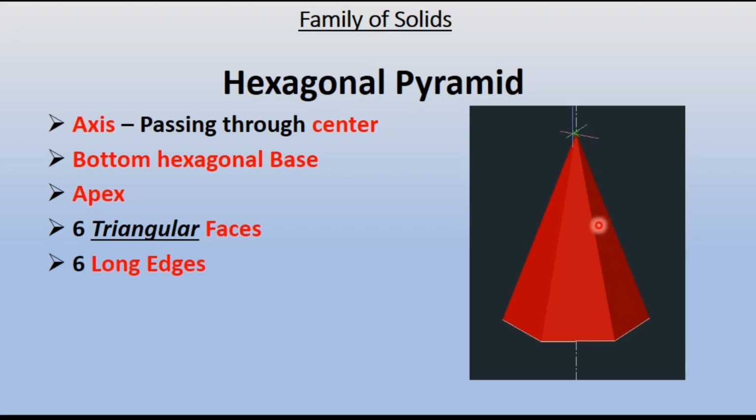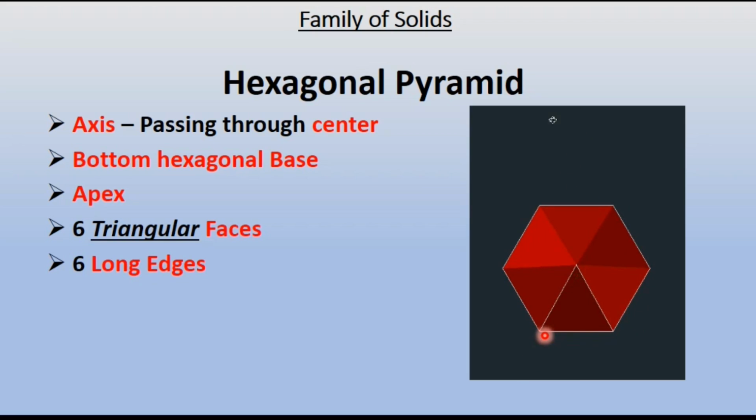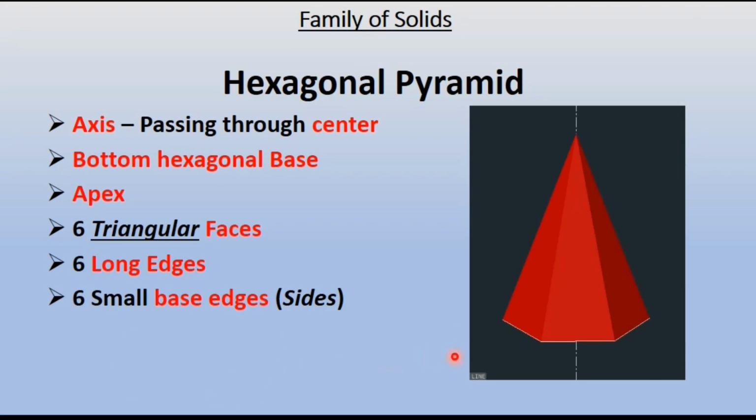It will have 6 longer edges. You see that I am drawing one here. So this is one of the longer edges, and this is going to be the second longer edge. Oh no, it's not straight, it is in slant. So there will be 6 such long edges in a hexagonal pyramid, which will be actually visible from the top, and it will have 6 small base edges, 6 sides of hexagon.